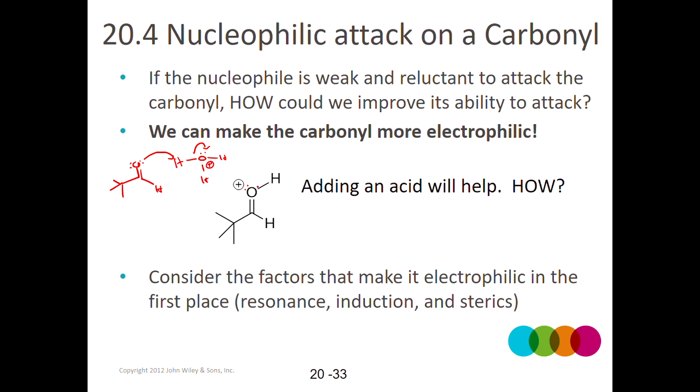And that makes the oxygen positively charged, so it really now is super strong at attracting electrons up from the carbon through both induction and through resonance, because now the other resonance contributor is not such a minor contributor. Both contributors have a formal positive, so they're both significant, and that means this contributor contributes more to the average or hybrid, creating more positive at the carbon to attract a nucleophile in there.